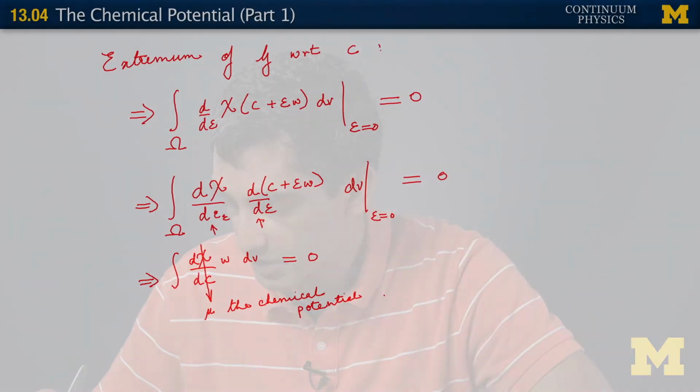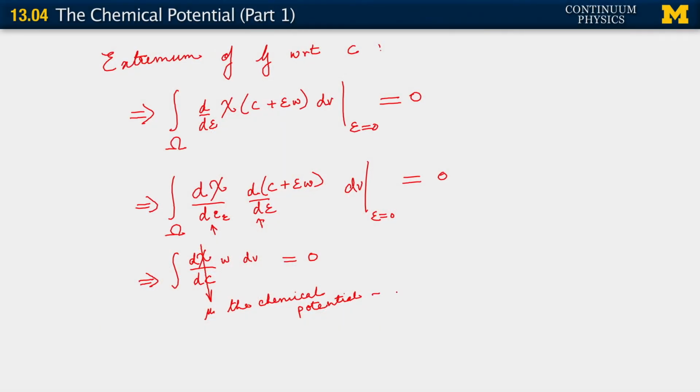It tells us how the free energy density function changes with every little addition of concentration at a point. So it's the chemical potential, which is defined as the derivative indicates.